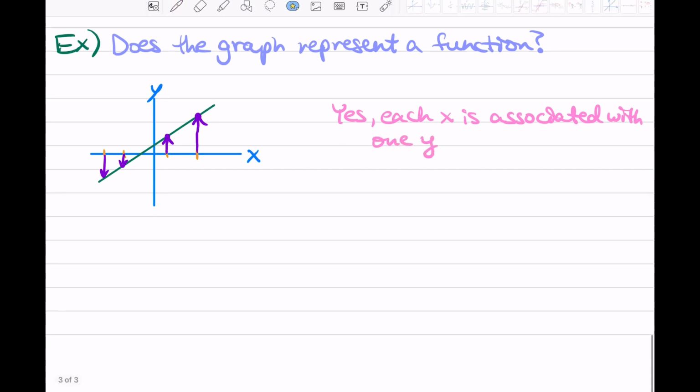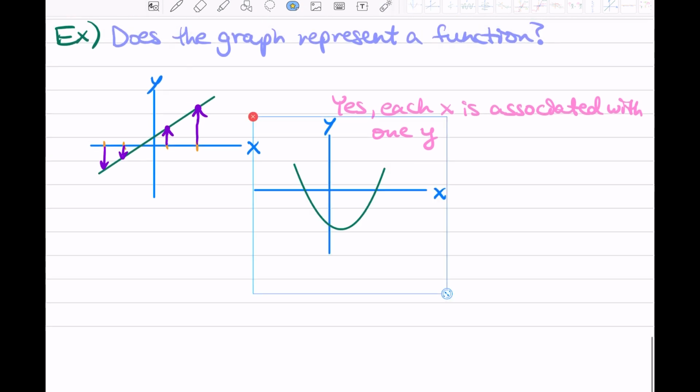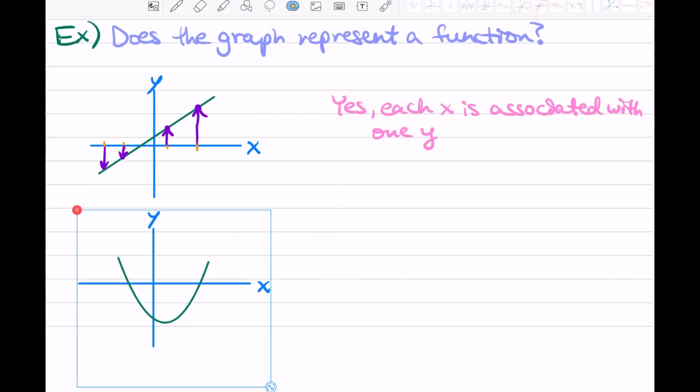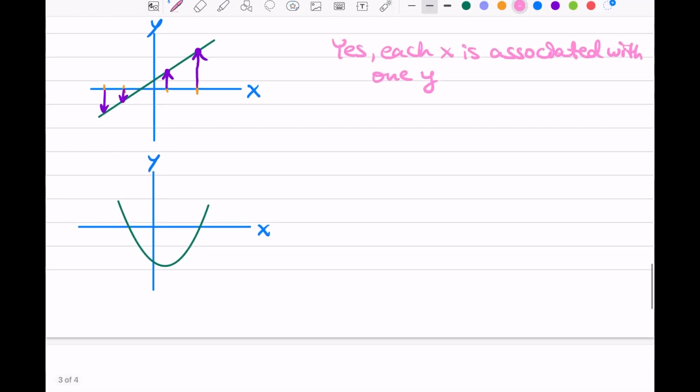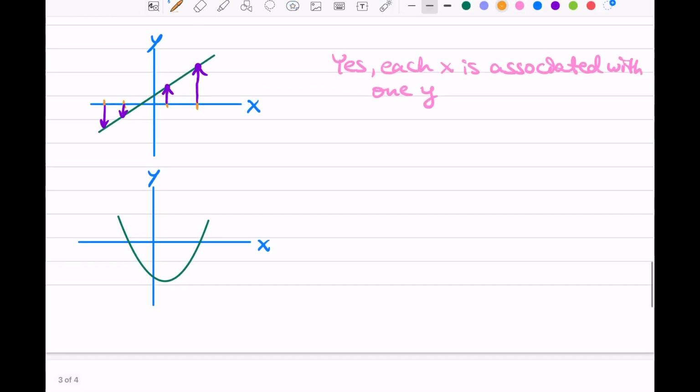All right, let's try another graph. What about this graph here? Well, we do the same process. We pick some x's. We want to see, is each x here associated with one y? Okay, let's pick an x. That x right there is associated with this y right here. This x goes to one y.